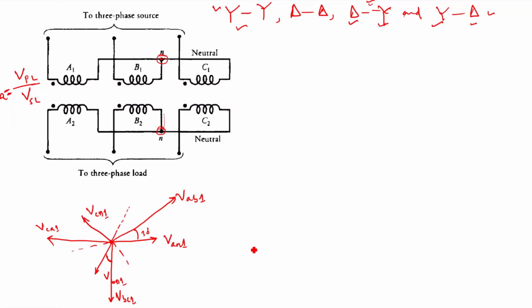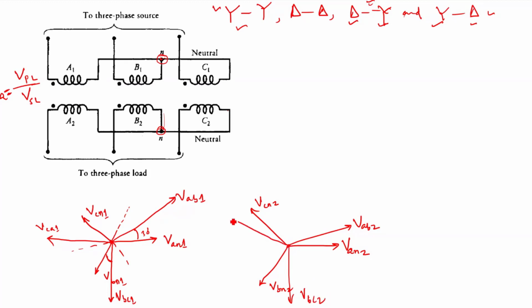Now if we draw the secondary side voltage, it will be almost the same, right? VAN2, then VBN2, then this is your VCN2, and this is your VAB2, this is your VBC2, this is your VCA2.